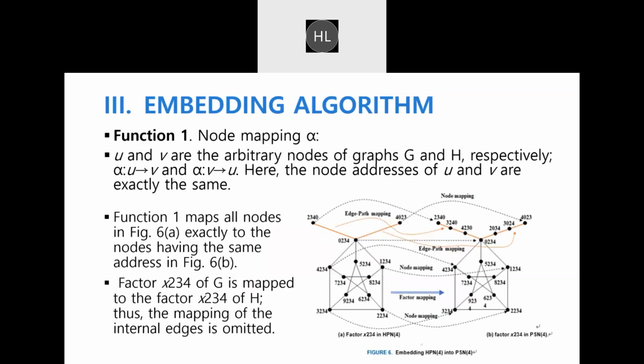So moving on to our embedding algorithms. In function 1, we note the mapping alpha. U and V are arbitrary nodes of graphs G and H, respectively. Here the node addresses of U and V are exactly the same. Function 1 maps all nodes in figure 6a exactly to the nodes having the same address in figure 6b.